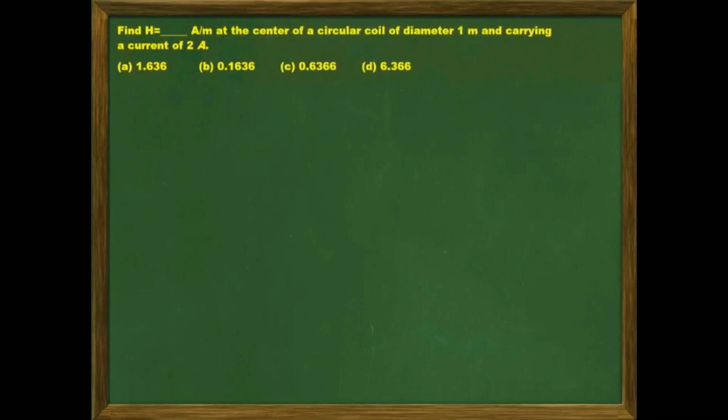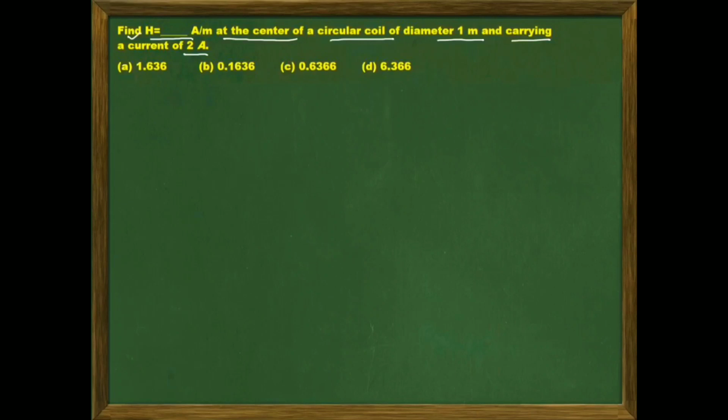In this question we have to find the H. What is H? H is the magnetic field intensity at the center of a circular coil of diameter 1 meter and carrying a current of 2 ampere. Now in my previous question I told you the concept of Ampere's law, and here Ampere's law is basically used to find the magnetic field intensity.